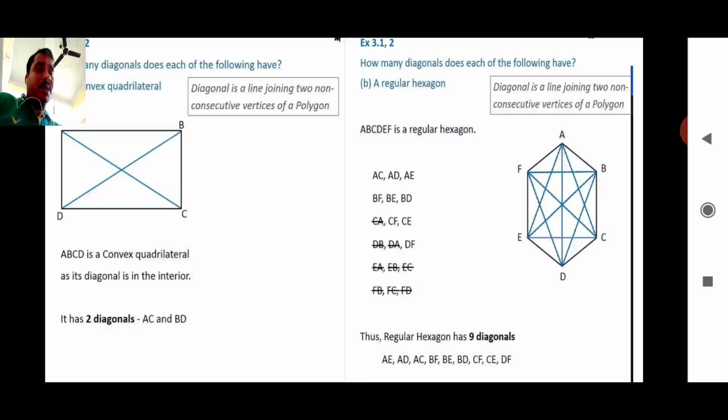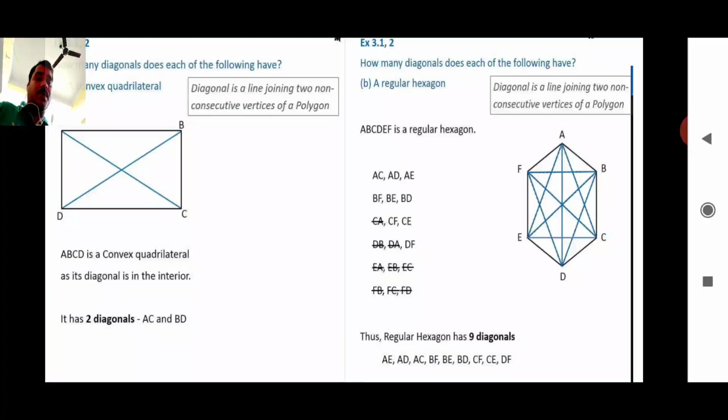And if we start from A, we draw A to E. Okay, what is a diagonal? It is clear to you that a diagonal is a line joining two non-consecutive vertices of a polygon. Non-consecutive means non-connecting, alternate.